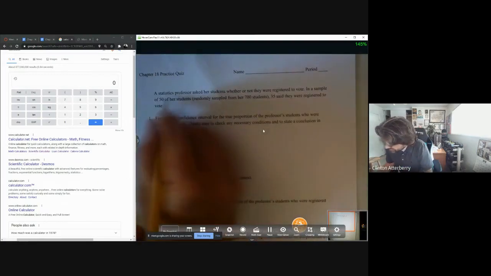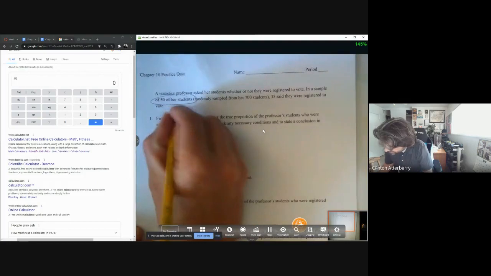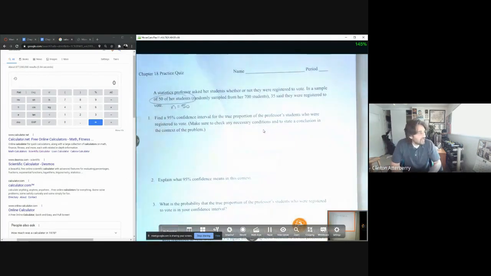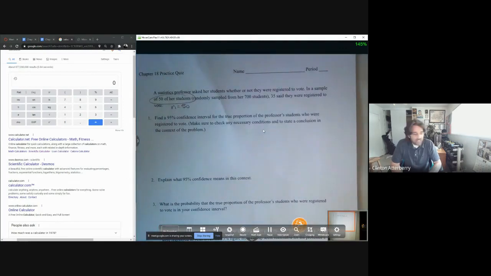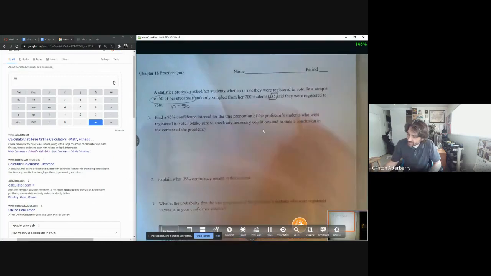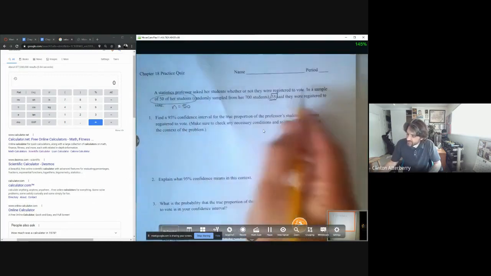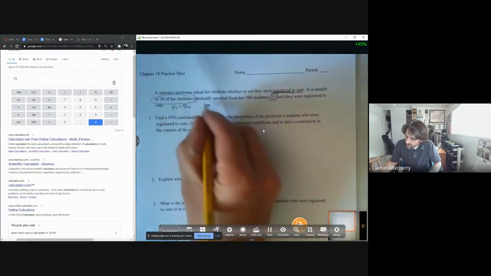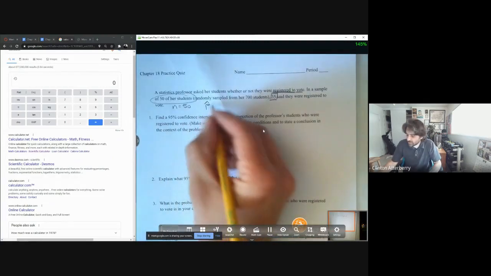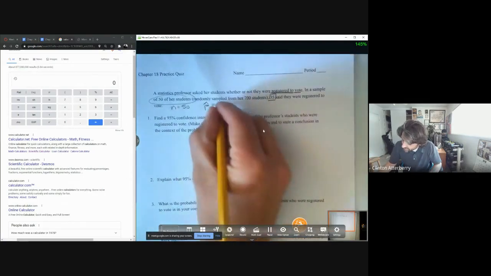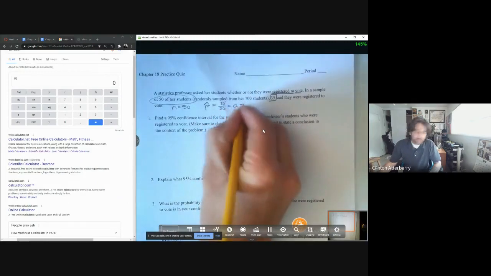The N that we are looking for, that's going to be our N value. So the number sampled was 50. Now, this number 35 is super important. 35 said they were registered to vote. So if we're assuming that she's looking for people that are registered to vote, that's what the topic is. Our observed proportion, the p hat, is 35 out of 50, which is 0.7.